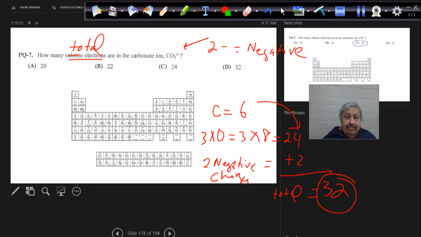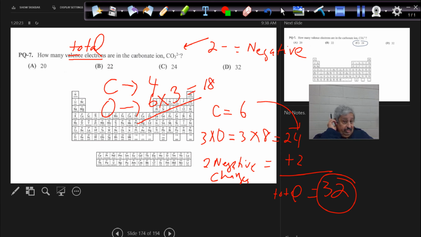So you have, guys, here, the valence electron of carbon, group number 4, is 4, correct? And oxygen is group number 6, so it has 6. You have 3 of them, correct? 3 times 6 is 18, plus 4, how much is it?